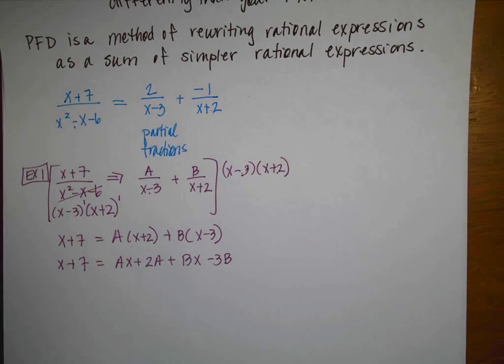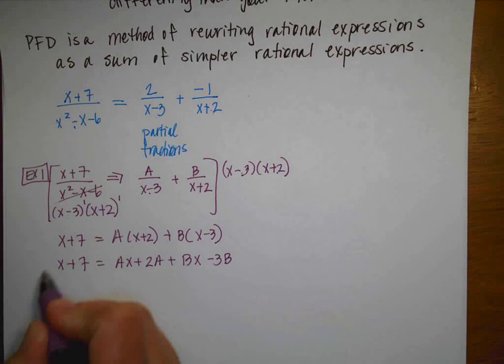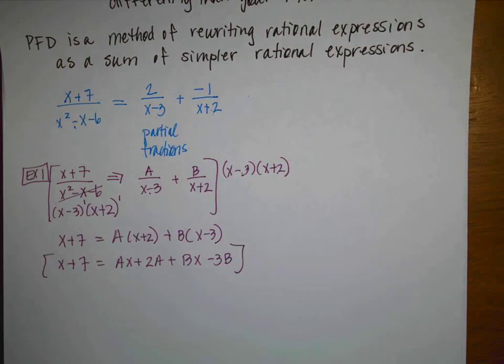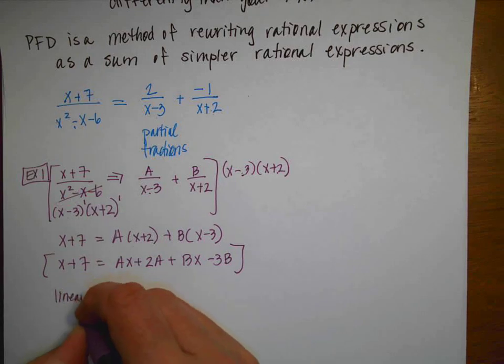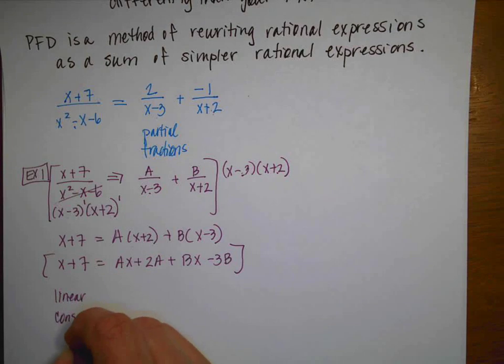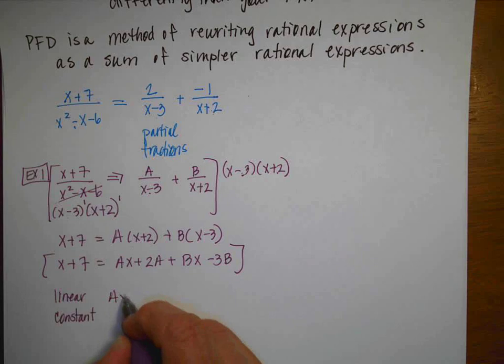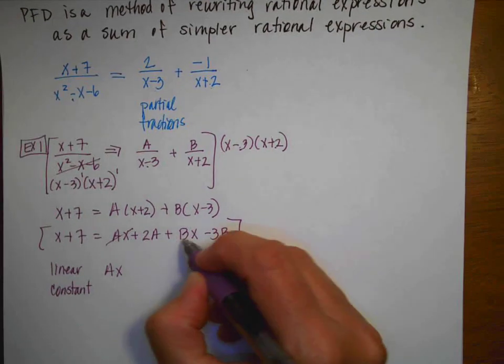And I'm going to write a series of equations from this equation that we've written right here. So this is kind of our primary equation. For this particular partial fraction decomposition, I'm going to write a linear equation and I'm going to write a constant equation. So I have an Ax. I tend to draw a line through it so I don't forget that I've already used it.